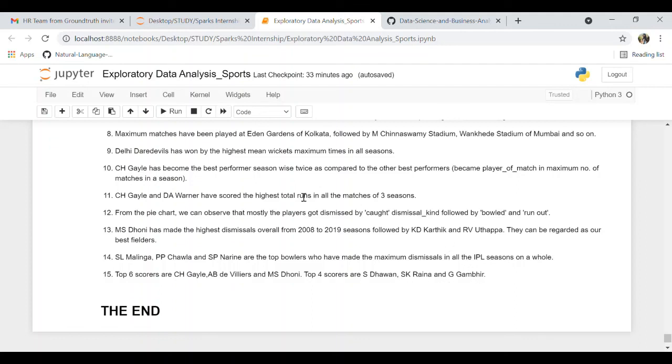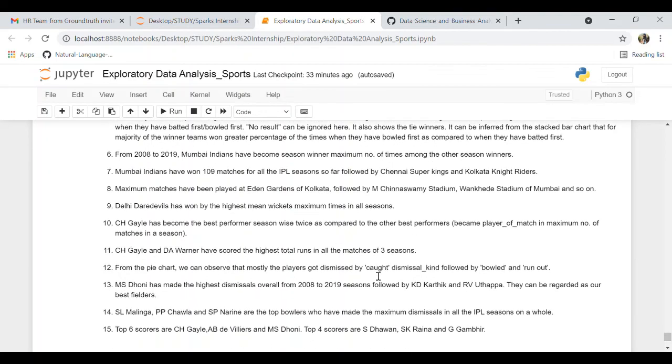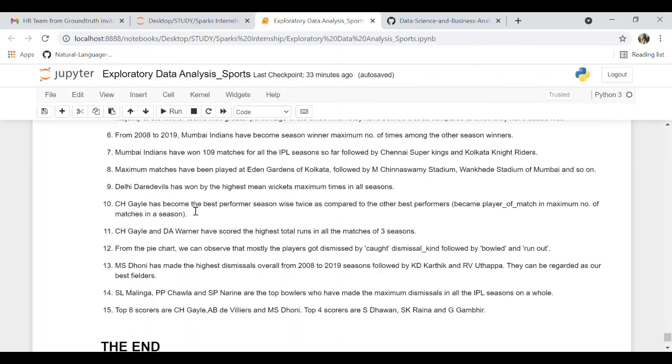So these are the players, and among these players, we are going to highly endorse Mumbai Indians to be a very good team, an excellent team, and CH Gayle to be an outstanding batsman, and MS Dhoni to be an excellent fielder.